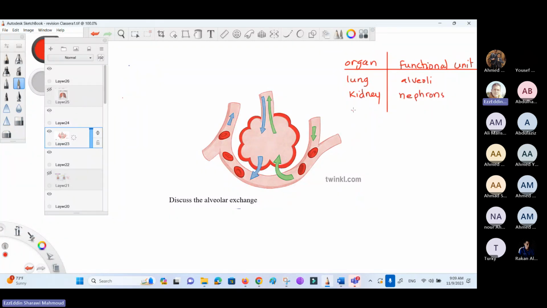The organ, for example, of a small intestine has functional units called villi. It's not included in our material. What else? The tissue of muscles has sarcomeres.